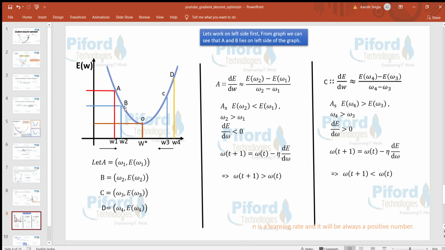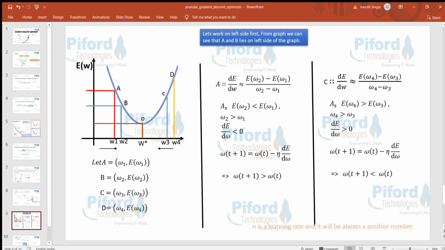And over here we have 4 points A, B, C, D. A and B are on the left of the optimal point, C and D are on the right of the optimal point. And these are the coordinates associated with them. W1 is the weight at point A, and error of W1 is the error at this particular point.